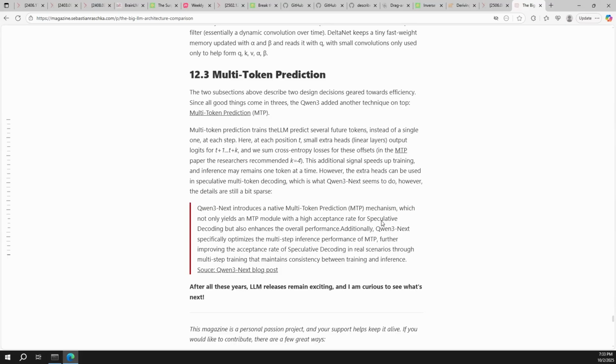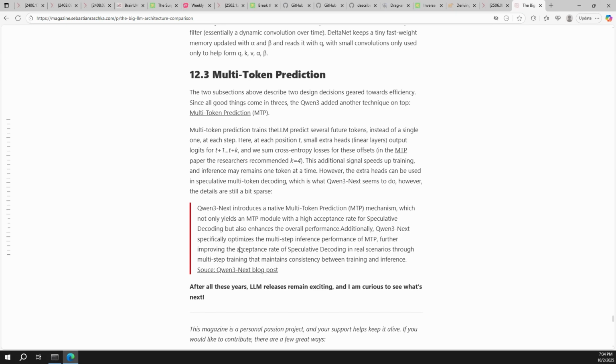So if your acceptance rate is 100%, then your speculative decoding dramatically speeds up inference, because if you predict 4 tokens at a time and you had 100% acceptance rate, you're only doing inference 1/4 of the time. If your acceptance rate goes down to 0, then basically you have no speed up whatsoever and a slight overhead for whatever the cost of those speculative predictions are.